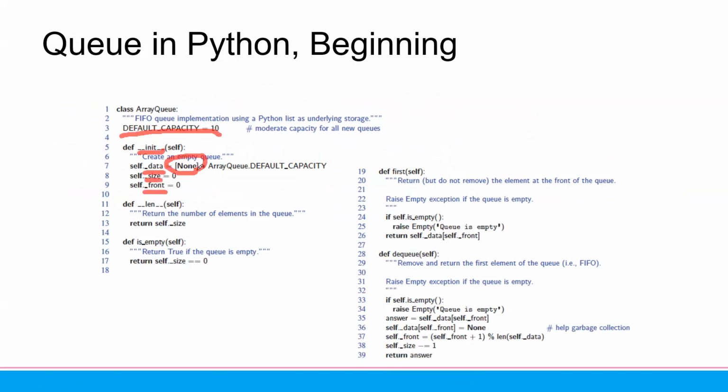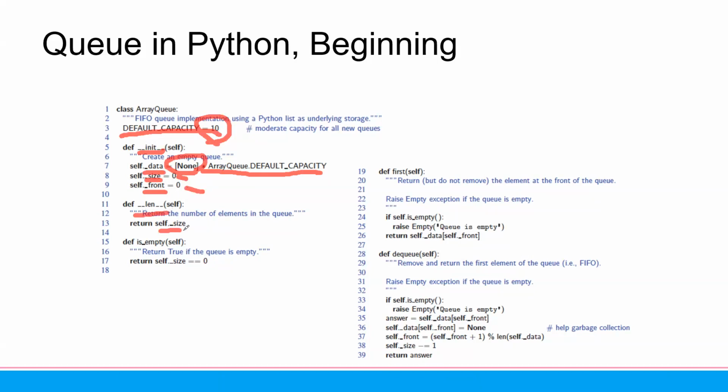None means nothing. We put None 10 times because that is the capacity we set as the initial value. And the size is set as 0 and the front is set as 0.